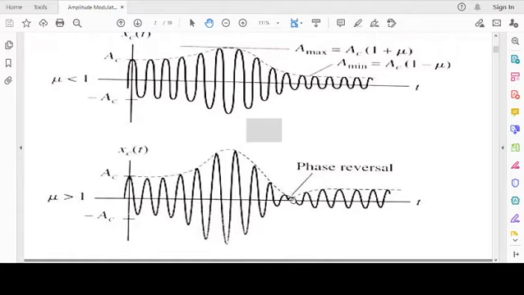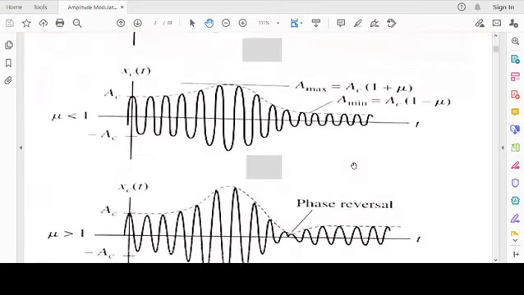And if somehow you miss this, or this portion is erased out, or if there is noise or certain other thing where this is not clearly observed, then you miss the phase reversal and you expect that the message signal would be something like this, which is actually not true.